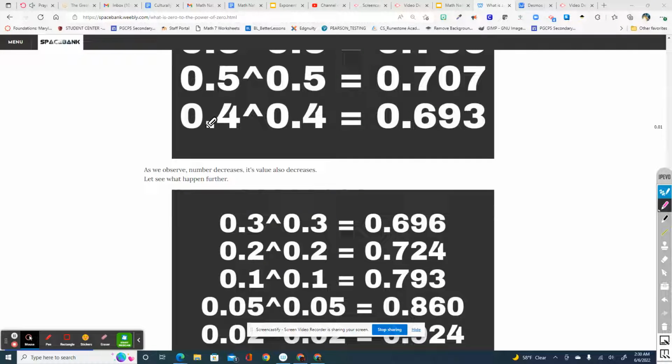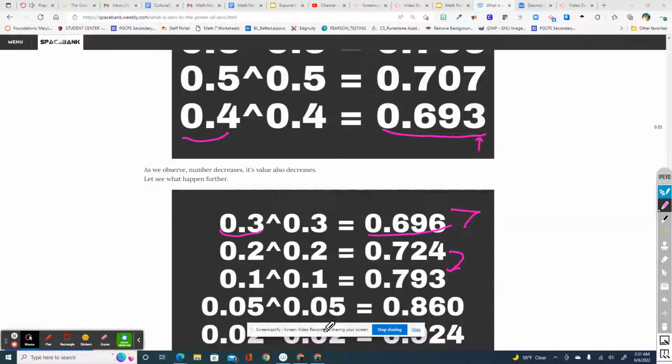When x equals 0.4 to the power of 0.4, we are at 0.693, but when the value went down further, at 0.3, this value is actually greater than this one right here. We thought we were going down towards 0, but now we are rising up again. And after this, we can see that the values are getting bigger and bigger.